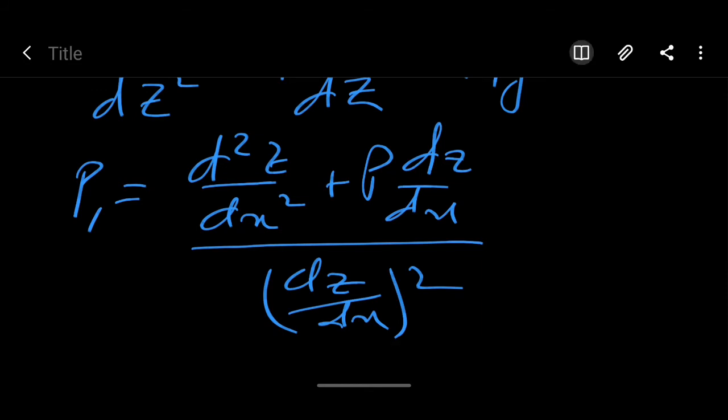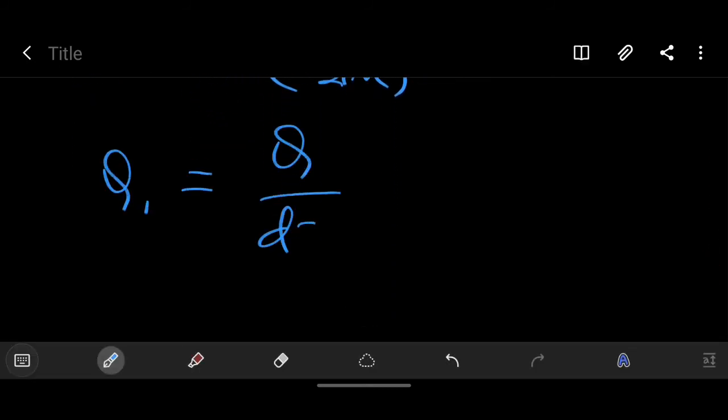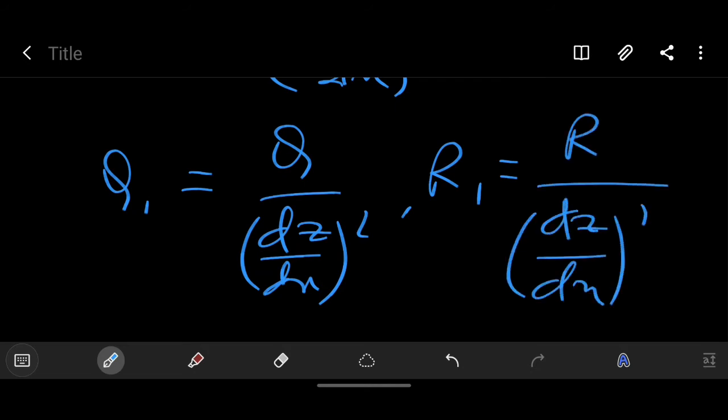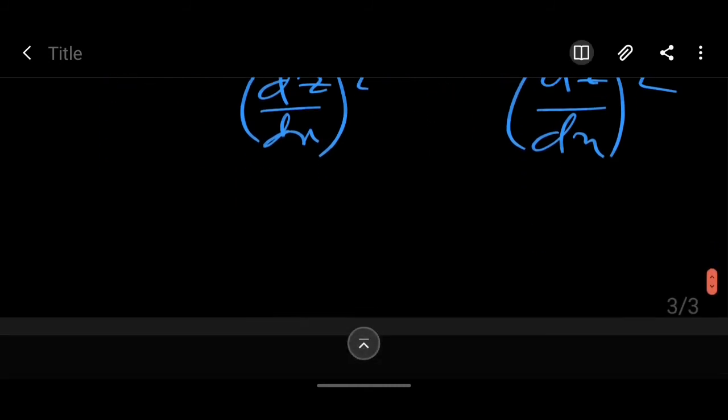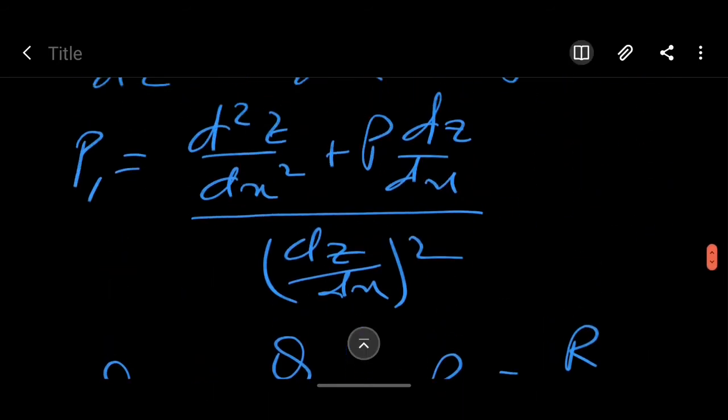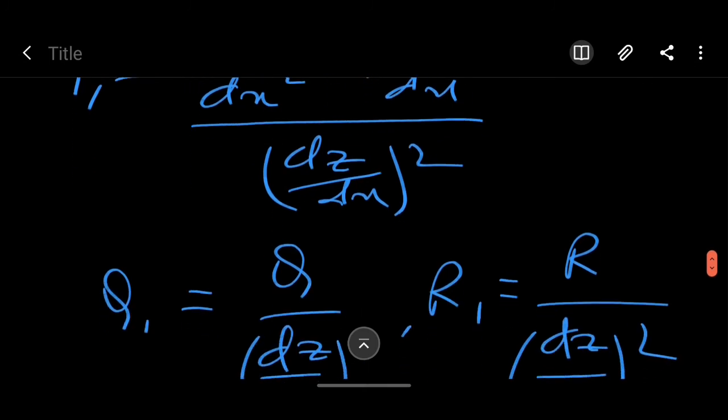And q1 would become q divided by (dz/dx) whole squared, and r1 is also r divided by (dz/dx) whole squared. So we have to know what p, q, and r are, and remember these formulas for how to find p1, q1, and r1.